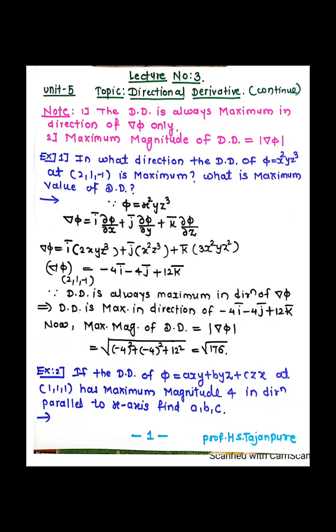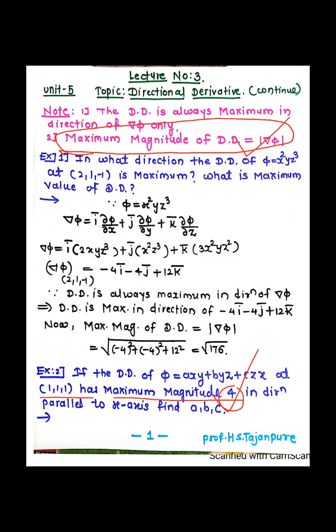If the directional derivative of phi, this is the function phi, at this point has maximum magnitude 4, it means the maximum magnitude of DD is given, that is 4, and we know that the maximum magnitude of DD is the magnitude of del phi.